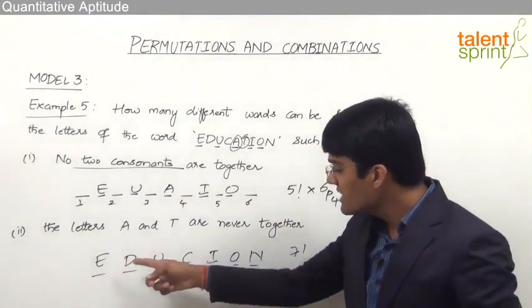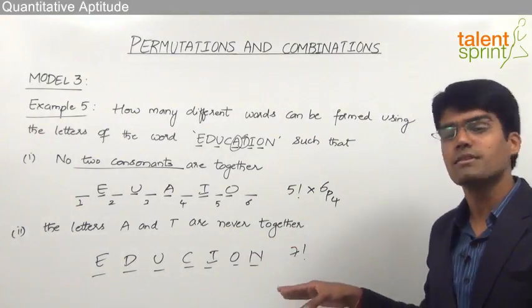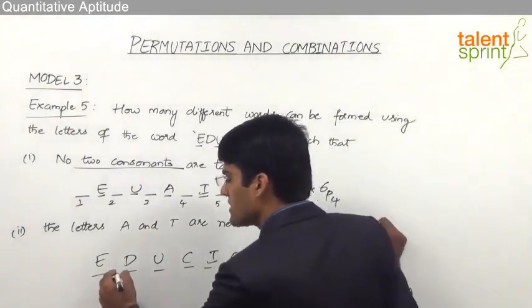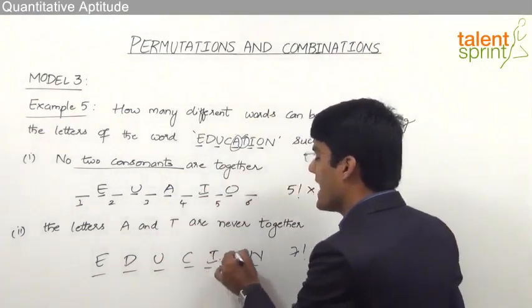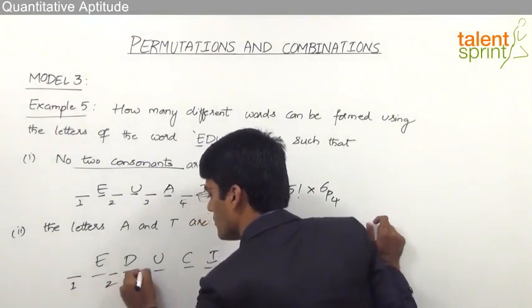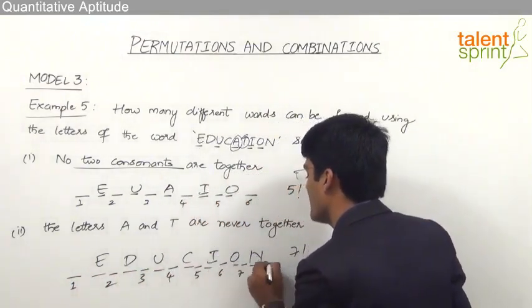Now after arranging these 7 letters in 7 factorial ways, we have to find out those positions in which the 2 letters A and T can be placed. Now we find that the positions here are the in-between positions and the extreme positions. So 1, 2, 3, 4, 5, 6, 7 and 8.